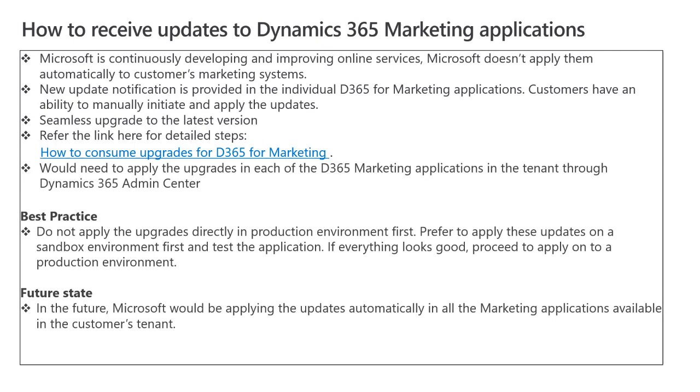If updates are available, it will show the existing version and the new version. We also have detailed documentation available to consume upgrades for Dynamics 365 marketing, and it's a very seamless process, but it requires the admin to go into the admin center and receive updates at this point.